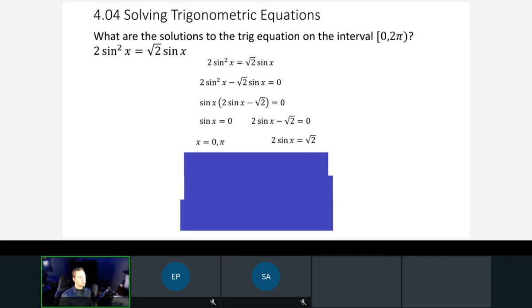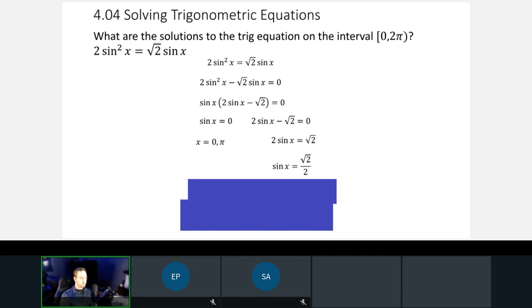All right, next one. You want to divide both sides by 2. And then you want to arc sine both sides. So then the question is, if you arc sine both sides, we want to know the radians. We're talking about radians here for the answer.